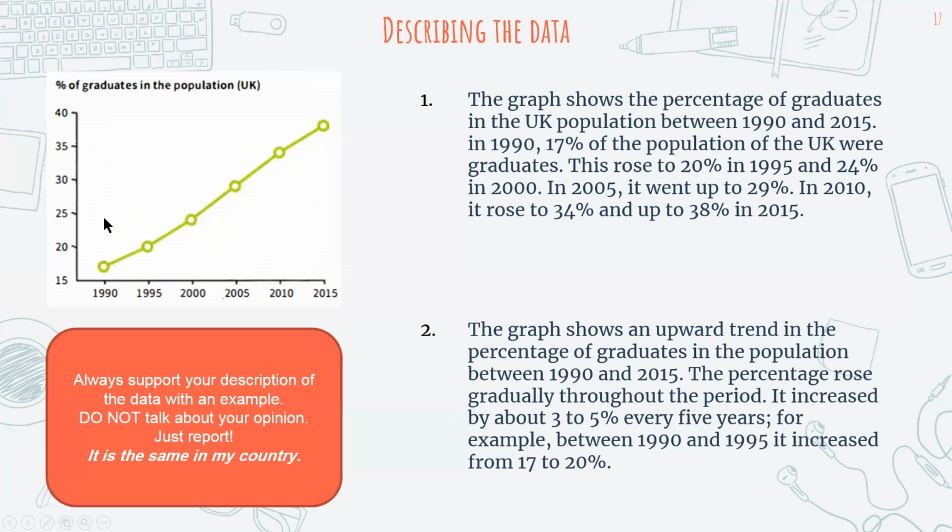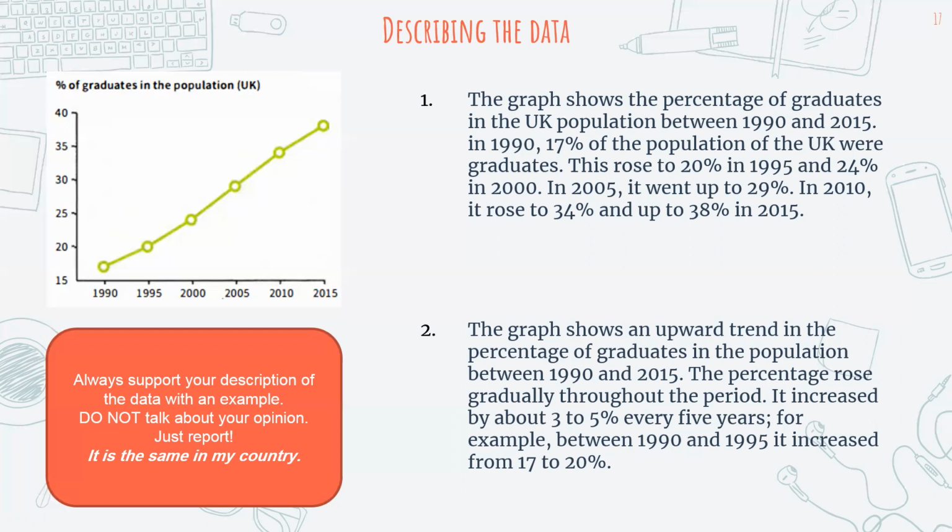It's almost 24%. In 2005, it went up to 29%. In 2010, it rose to 34% and up to 38% in 2015. This description of the line graph just gives you the numbers.